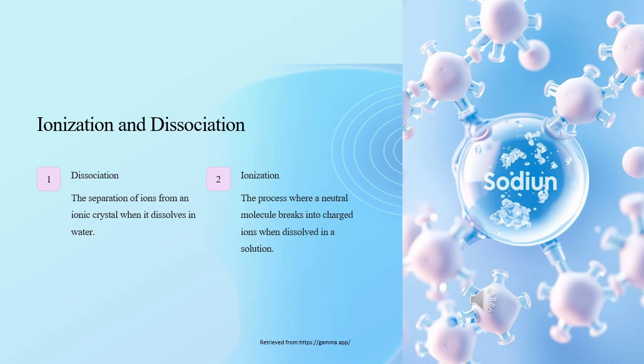This usually happens when certain molecules dissolve in water, for example, hydrogen chloride. These processes are crucial in understanding the behavior of substances in water, including electrical conductivity, acidity, and reactivity.